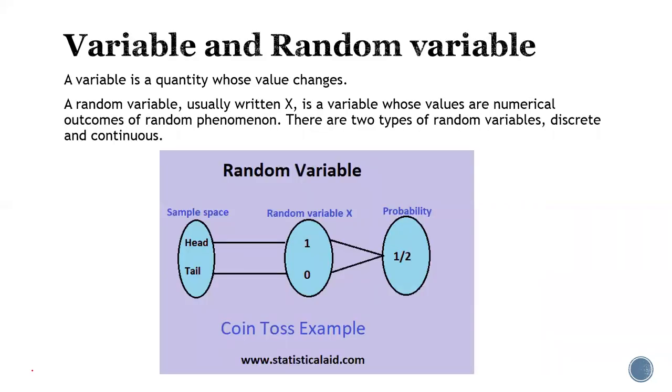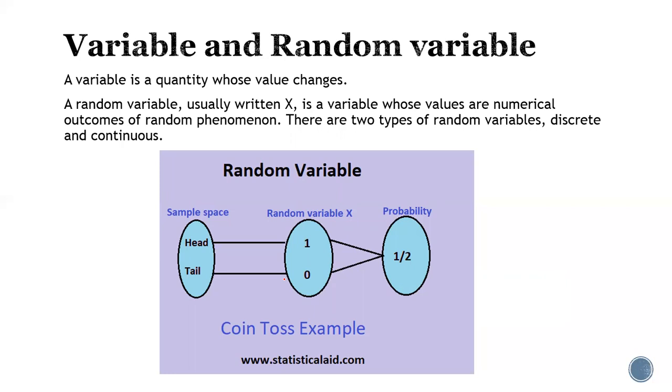Variable and random variable. Variable is a quantity whose value changes. For example, expressions or equations consist of variables, for example, 2x plus 3, the variable is x. But in statistics, the variables are usually written as X, especially for random variable.